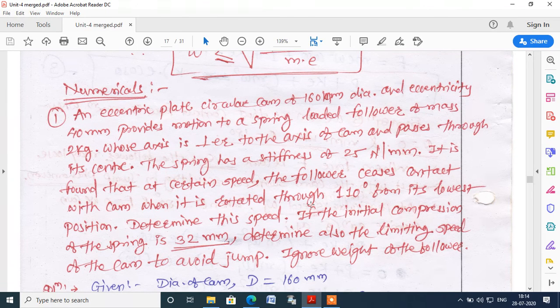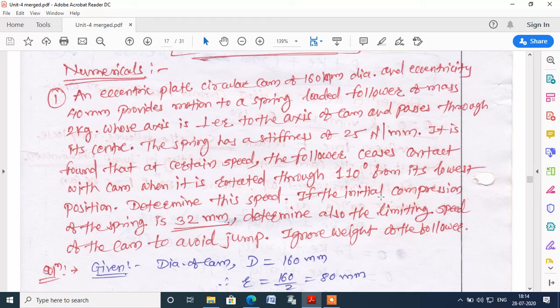Again, I am reading the statement of the numerical. An eccentric plate circular cam of 160 mm diameter and eccentricity 40 mm provides a motion to a spring loaded follower of mass 2 kg whose axis is perpendicular to the axis of the cam and passes through its center. The spring has a stiffness of 25 Newton per mm.